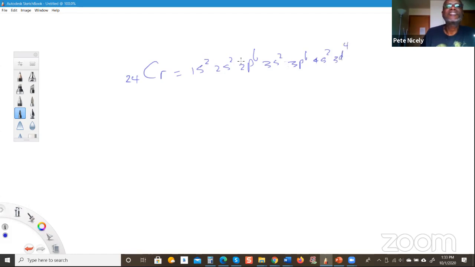Let me check and make sure. That's 10, 12, 18, 20, 24. Okay, good. So this would be the full electronic configuration of the chromium atom.